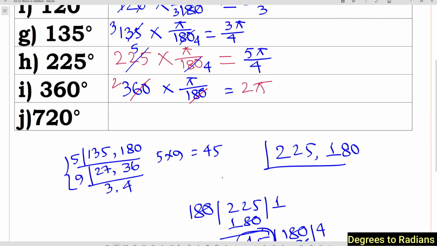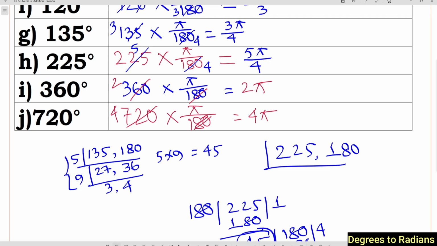Next, 720 times pi divided by 180. 720 divided by 180 is 4, so 4 pi.